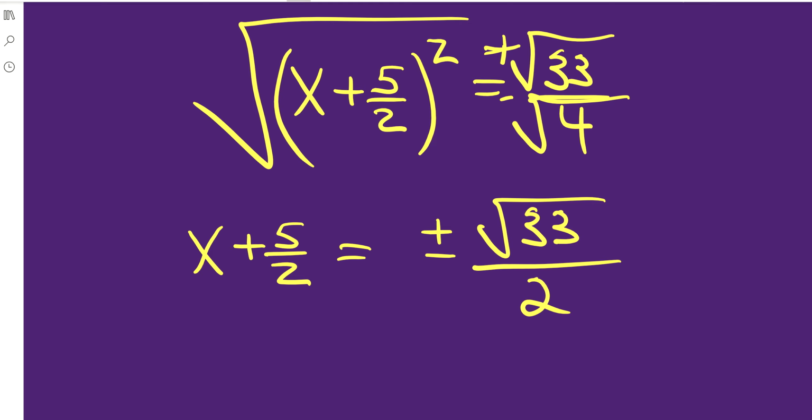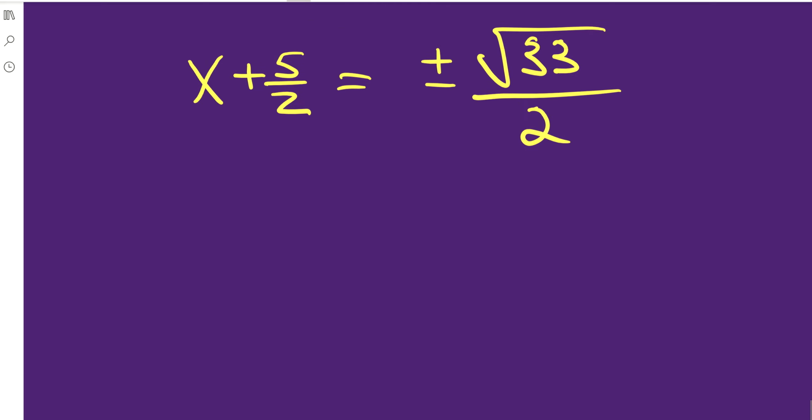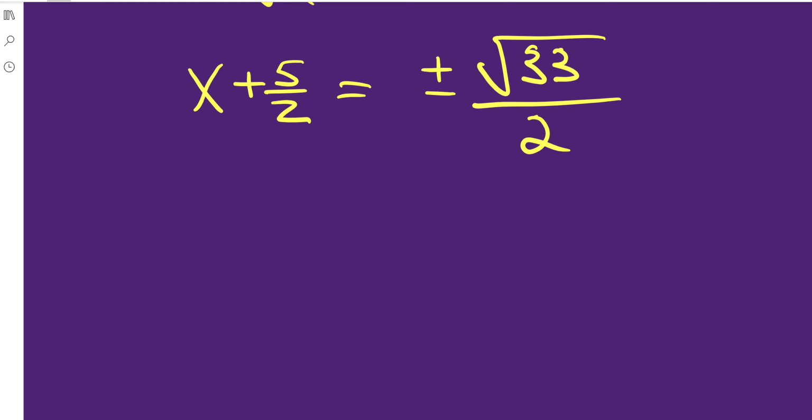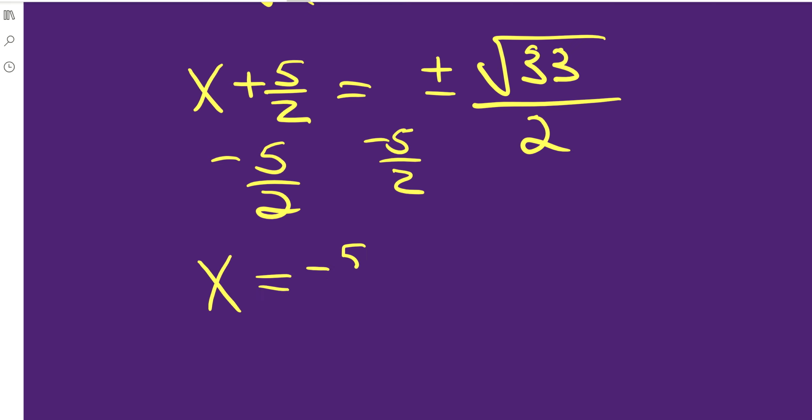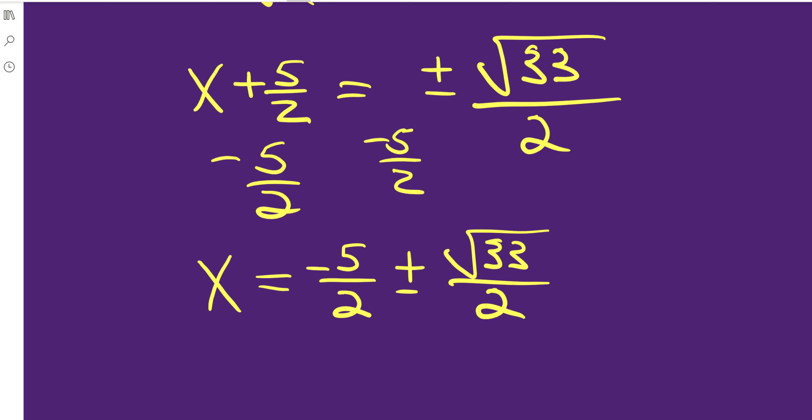And now it looks like I have one more step, and that is to subtract 5 over 2 from both sides. And my final answer is going to be x equals negative 5 over 2 plus or minus root 33 over 2. And that's a satisfactory way of writing it.